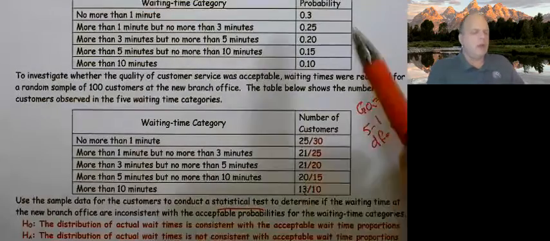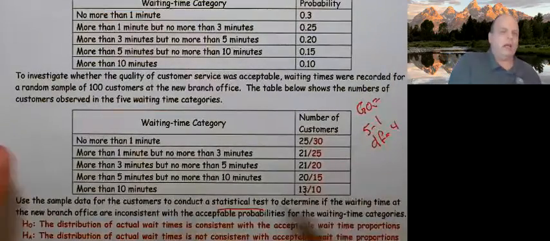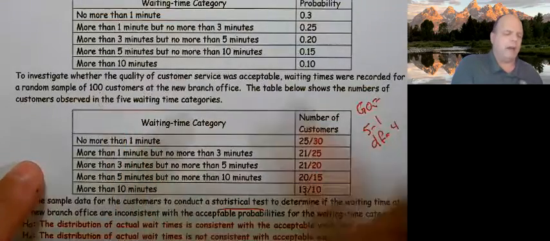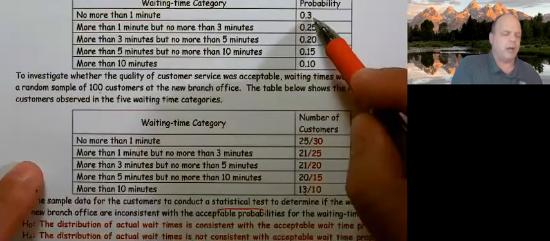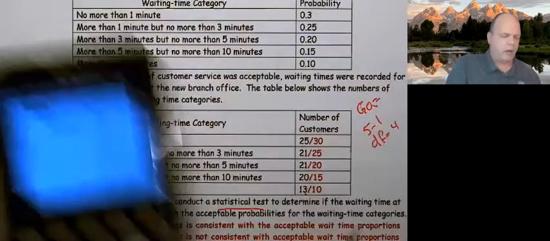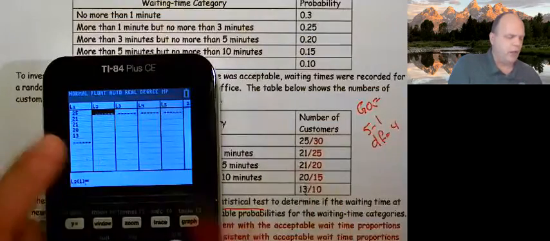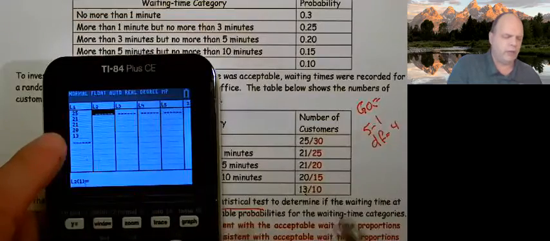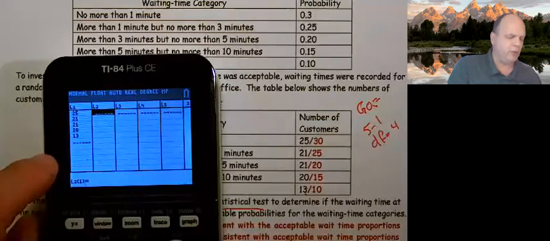Now, they tell us up here that we have 100 customers. So my expected value on all of these is going to be times 100. So real quickly, I'm going to enter this data into my calculator. I've already entered the customers, and the customers go into L1. Right, so these are the customer counts, and that should sum to 100.